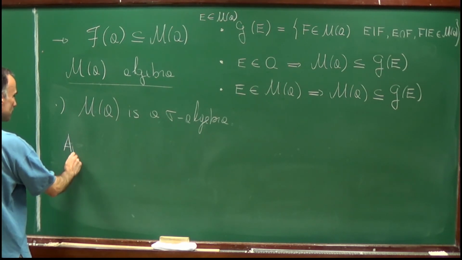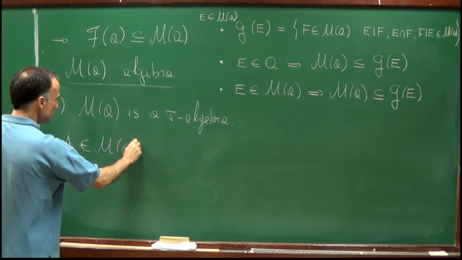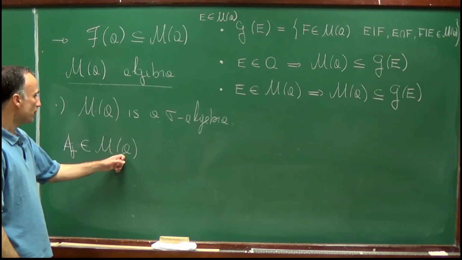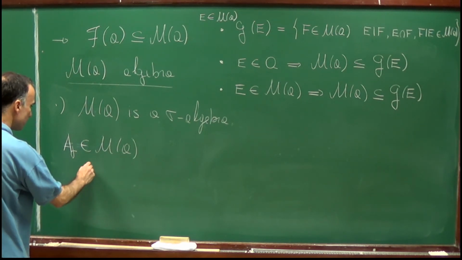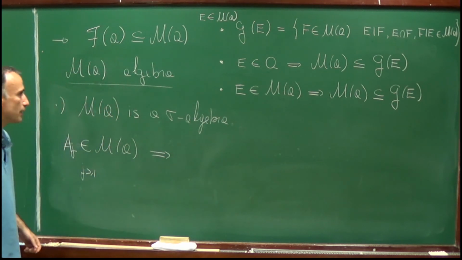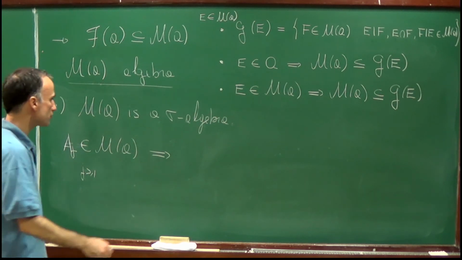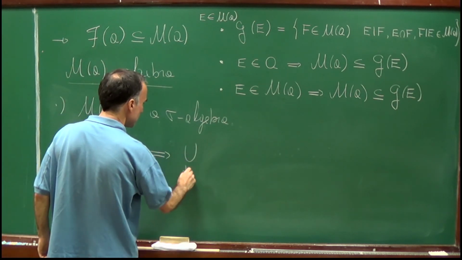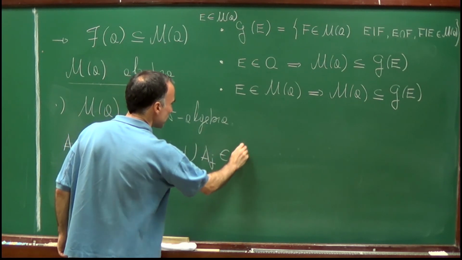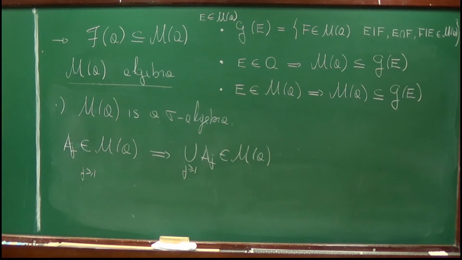So let's consider a sequence A_j in M of A. Well, since M of A is an algebra, to prove that it's closed by countable unions, what we have to show is that the union of A_j belongs to M of A. So this is what we need to prove.